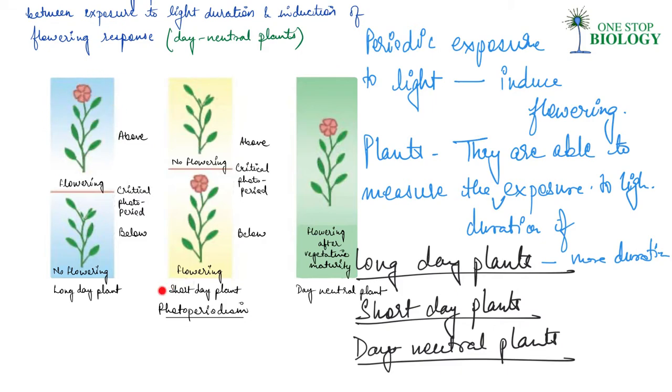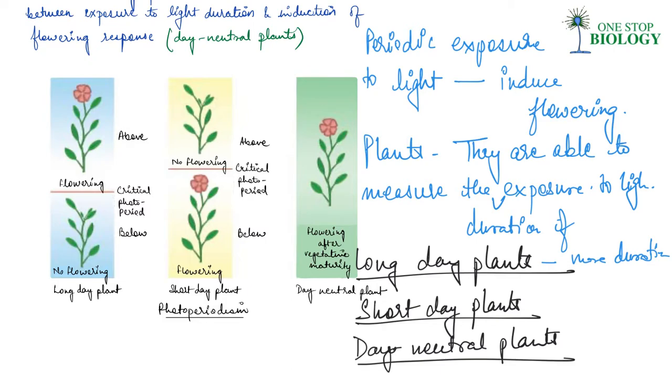Similarly, in short day plants, it will be just the opposite. Below the critical period, there will be flowering. Above the critical period, there will be no flowering. And in day neutral plants, whether it is below or above the critical period, flowering will always be there after the vegetative maturity of the plants. So I hope you have understood this particular diagram.